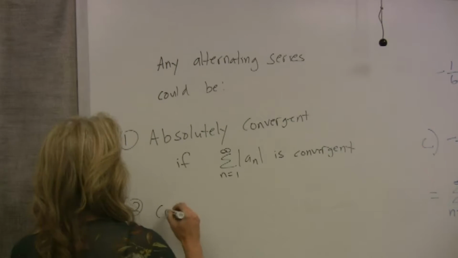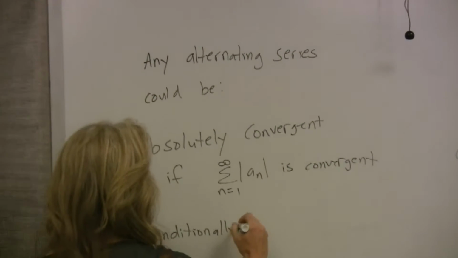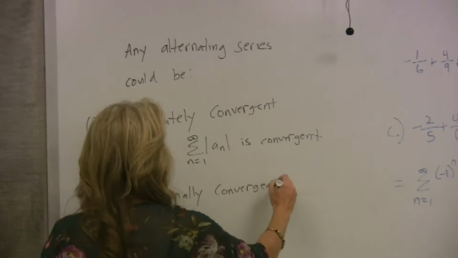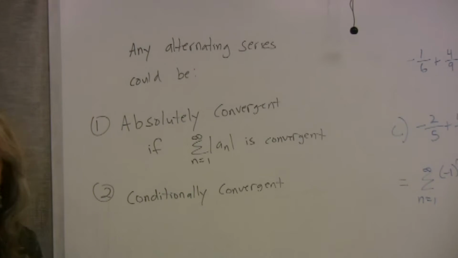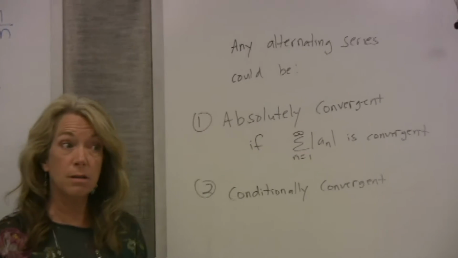Two, could be conditionally convergent. Conditionally means it doesn't converge absolutely, but it will converge if it alternates.